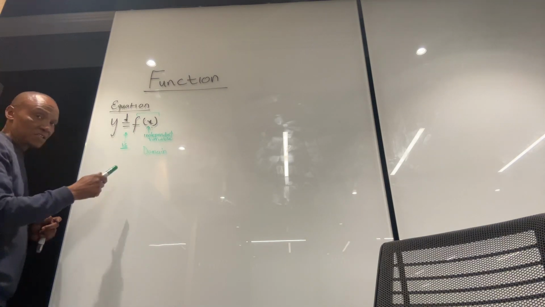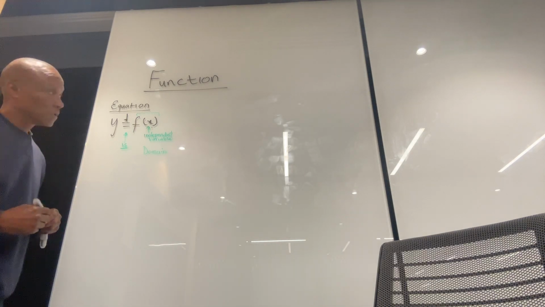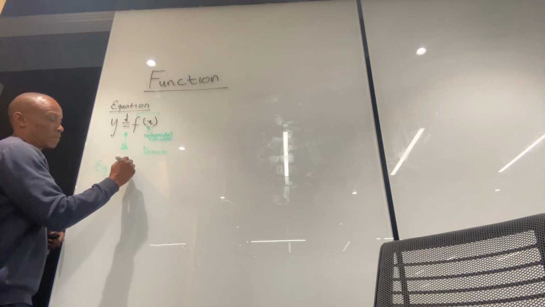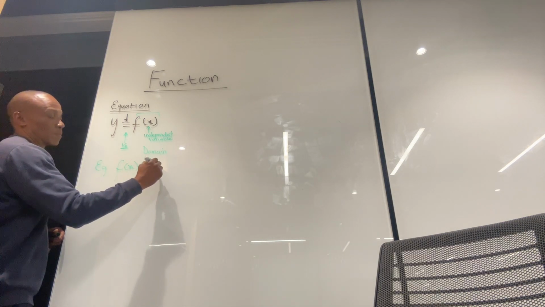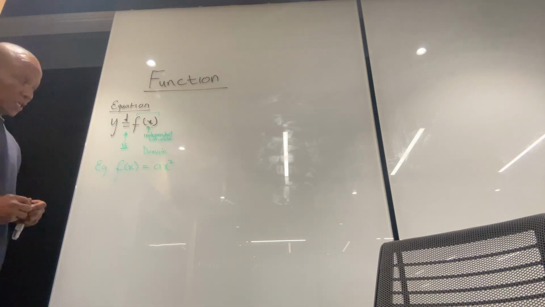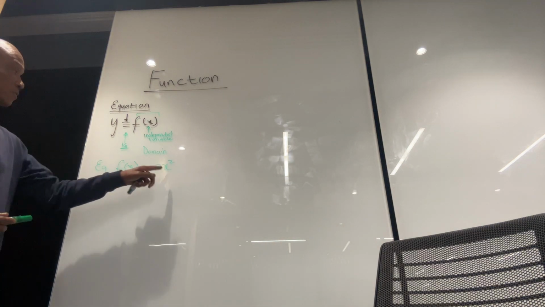This f is a function in terms of x. For example, simply put, we call this a quadratic function because of the power of 2.